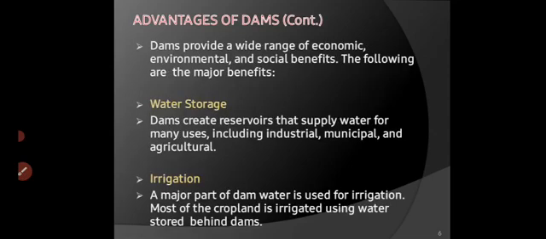Dams provide a wide range of economic, environmental and social benefits. The following are the major benefits. First is water storage. A dam creates a reservoir that supplies water for many uses, which we have already seen in the chapter on reservoirs. Irrigation: the stored water can mostly be used for irrigation.